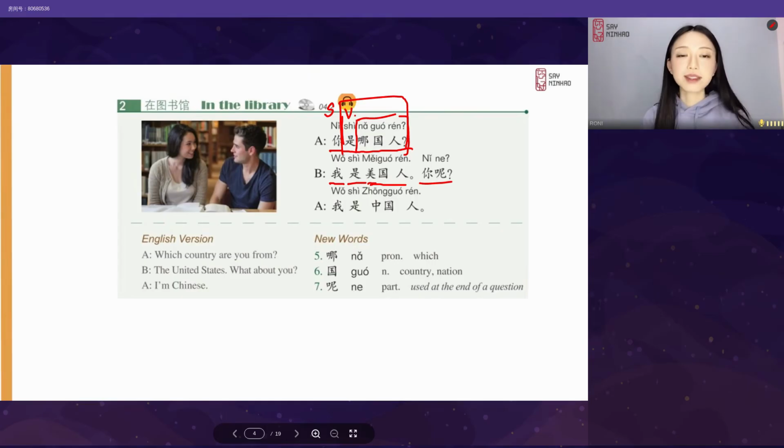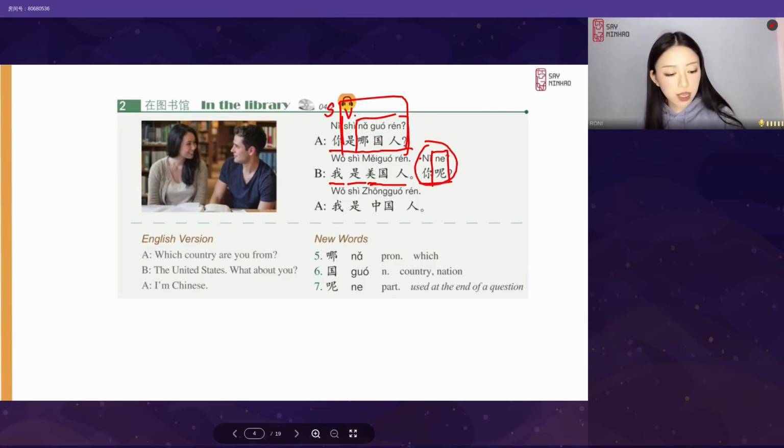你呢? 你 means you and 呢 we just learned is a particle used at the end of a question. And 呢 actually is used to ask a question about something mentioned before. For this sentence, 你呢, something mentioned before is the nationality, right? The nationality, 美国人.